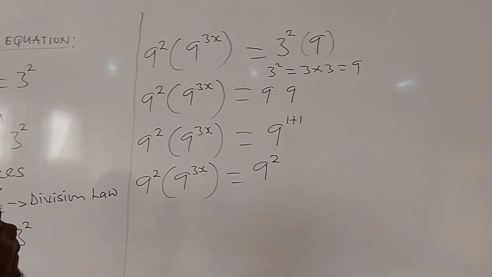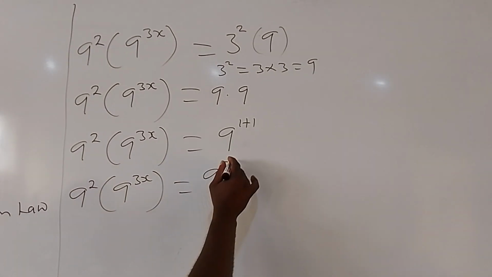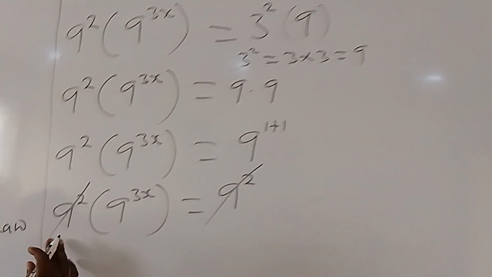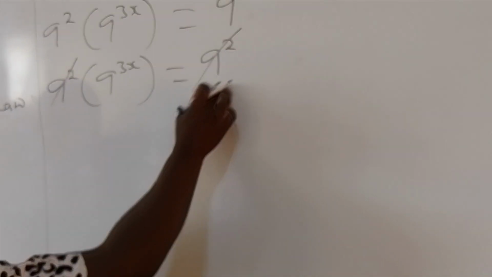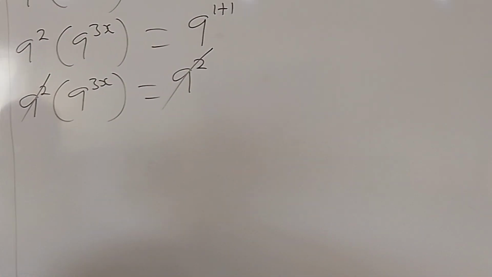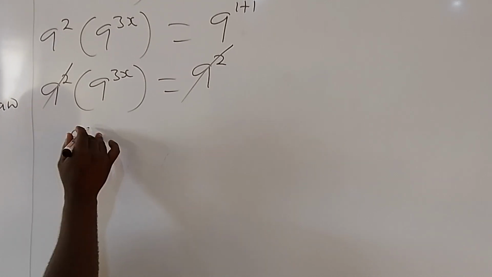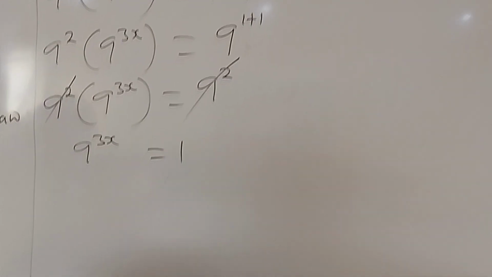So you can now see that this and this will go, or you write by saying divide through by 9 raised to the power 2. It's the same thing. So if this and this go, the left side will now be 9 raised to the power 3x equals 1. True or false?